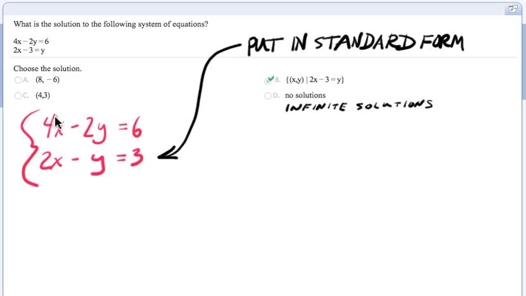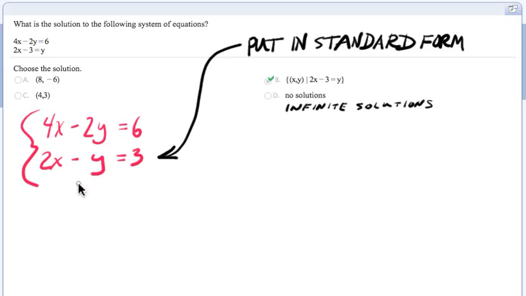Now, what I've done here is I took the system and I copied it, except for this second line, which I wrote in standard form. That is, I rearranged it and put it in alphabetical order on the left-hand side and the constant on the right-hand side. I'm in the habit of always looking first to see if the two lines are the same.